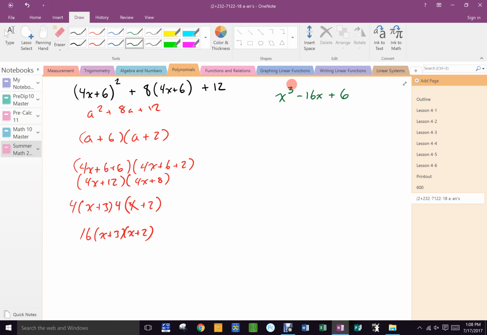No, not possible. Here's what you can do. Factor that. X squared minus 16 plus 6. Factor that. And that would be done. That would not be on your test. I just wanted to see if anybody would try something funky.